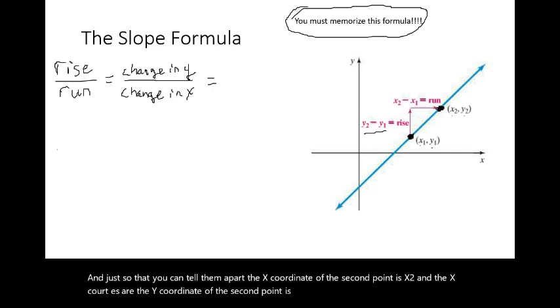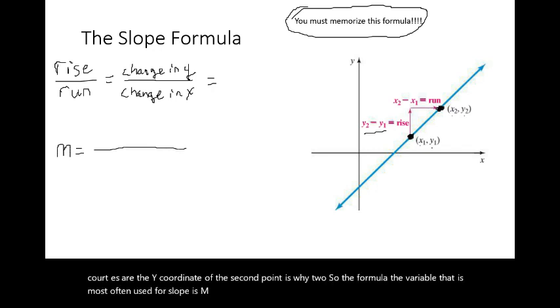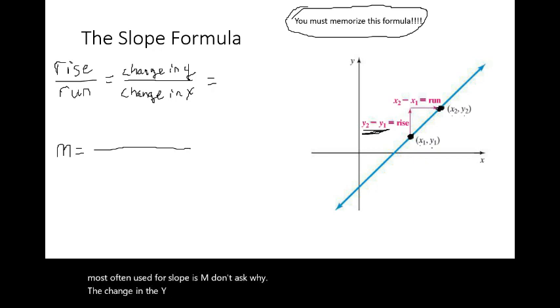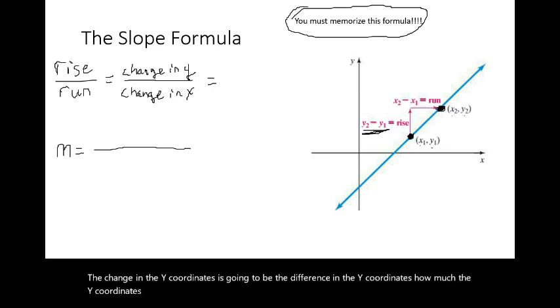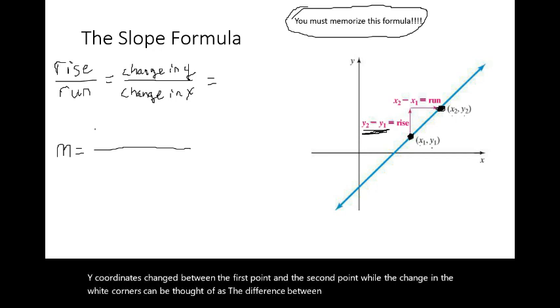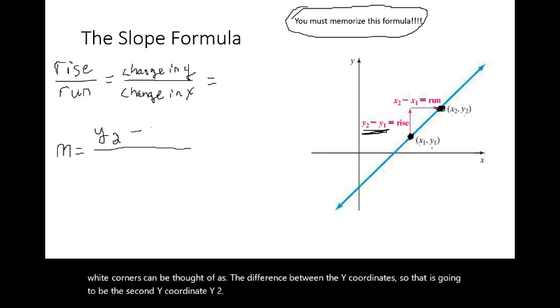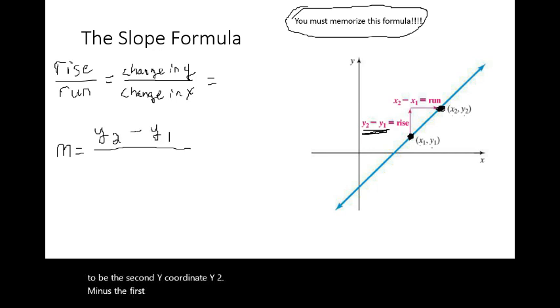So the variable that is most often used for slope is m. Don't ask why. The change in the y-coordinates is the difference in the y-coordinates, how much the y-coordinates change between the first point and the second point. So that is going to be the second y-coordinate, y2, minus the first y-coordinate, y1.